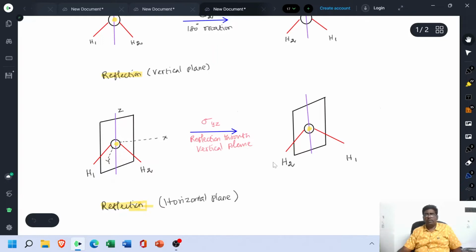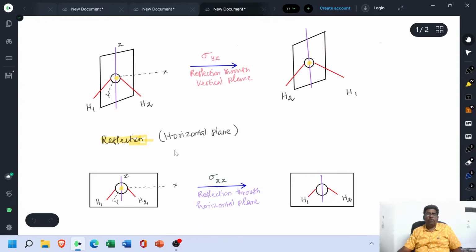H1 and H2 are changed as H2 and H1. However, there is no change in the phase of the oxygen. The same phase is retained. After completion of this reflection, we get the actual structure of the water molecule. H2O is arrived.